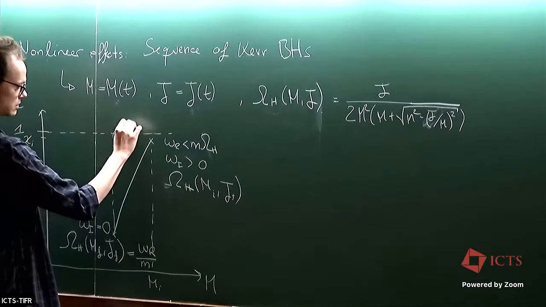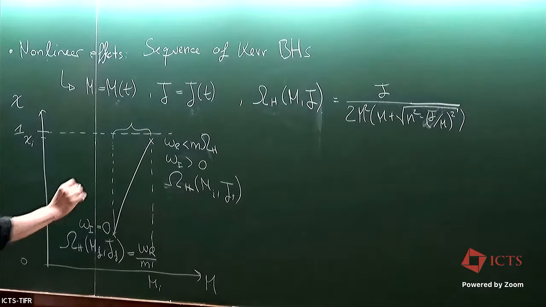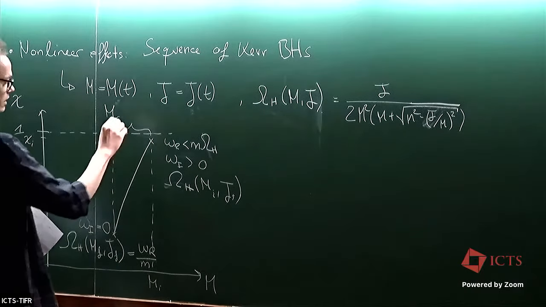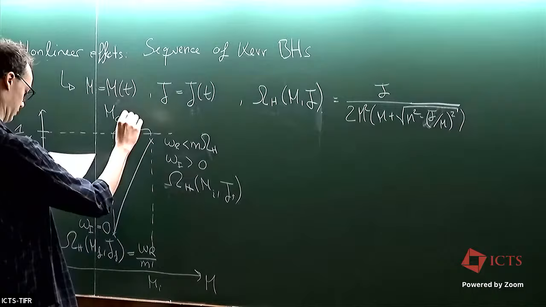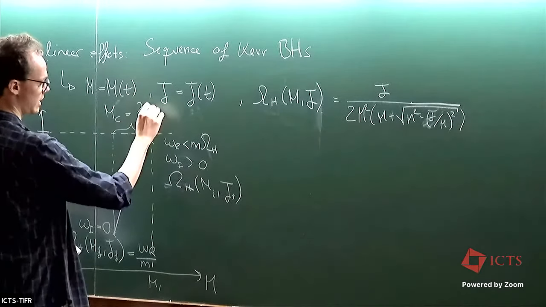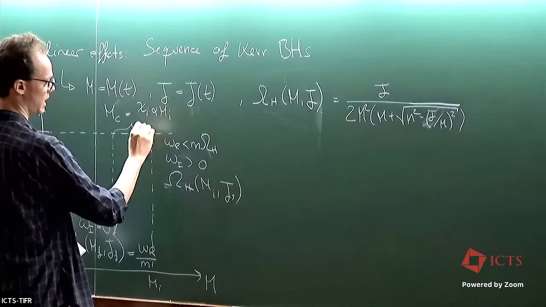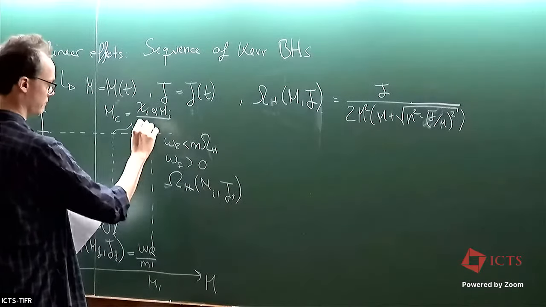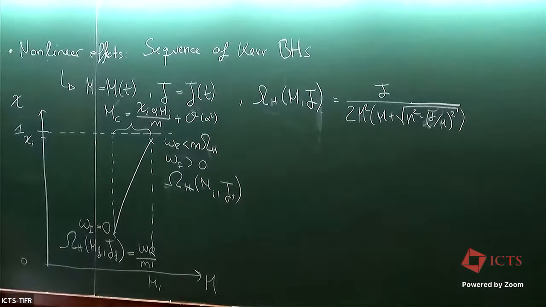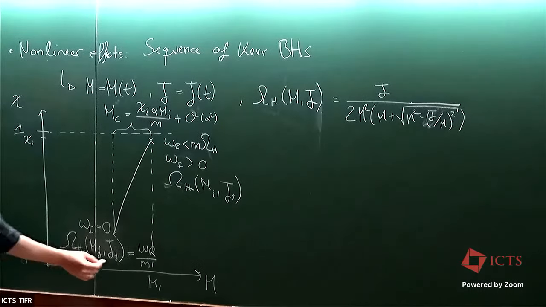So the mass in the cloud, which is basically just the mass that the black hole lost, we found to be the initial dimensionless spin chi times alpha times the initial mass over m, plus alpha squared corrections. Again, we just got this from this equation here.